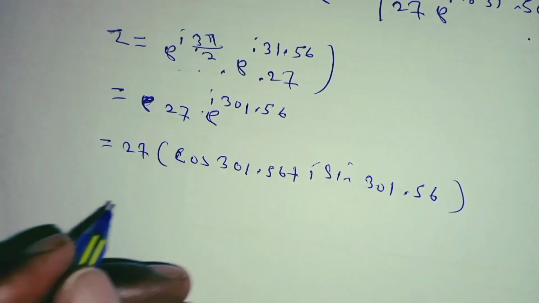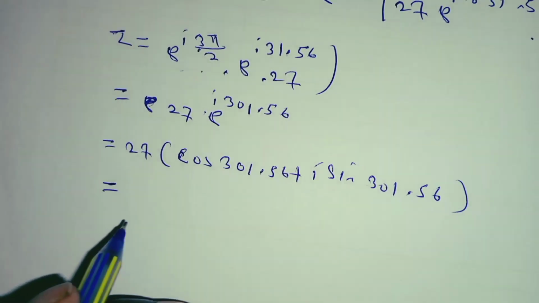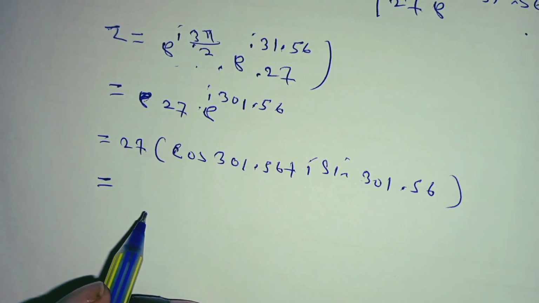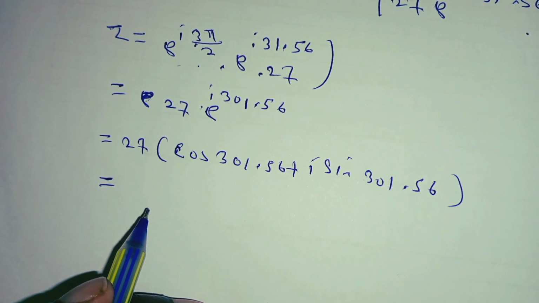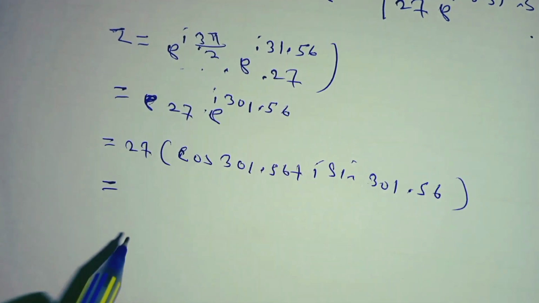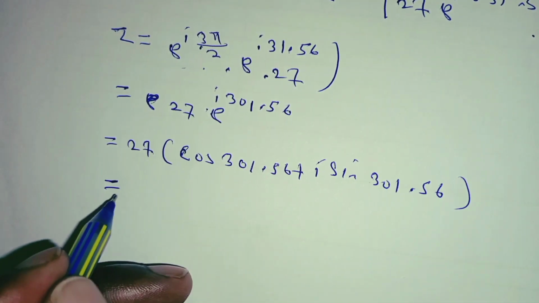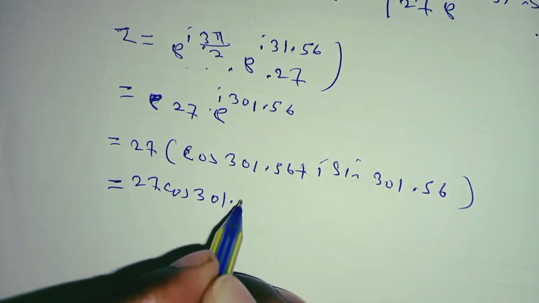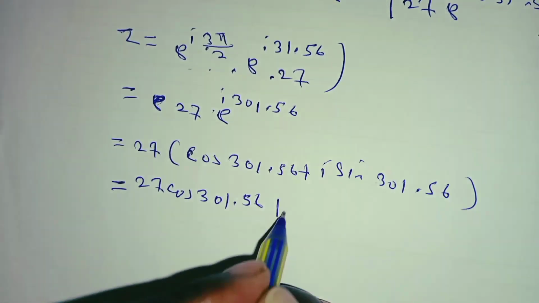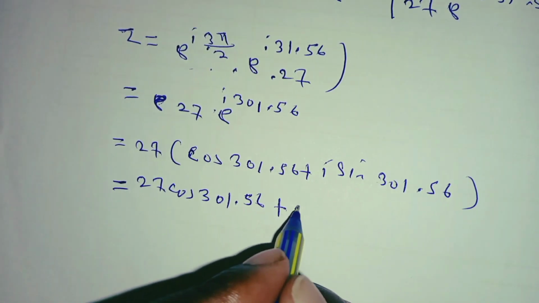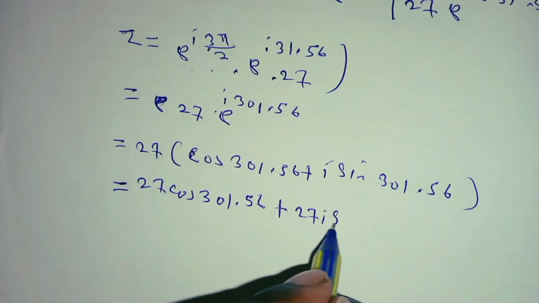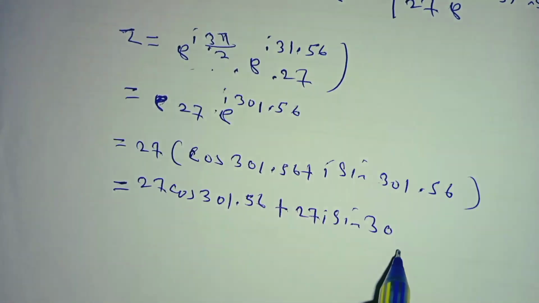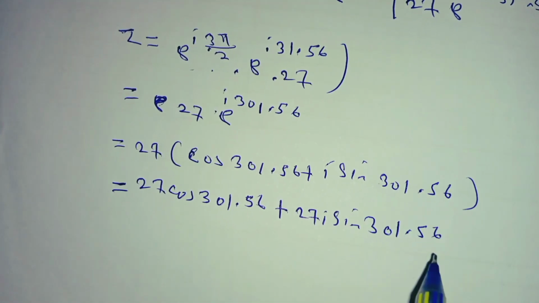Then when you simplify this, you are going to obtain the following. You shall obtain 27 cos of 301.56 plus 27i sine of 301.56.